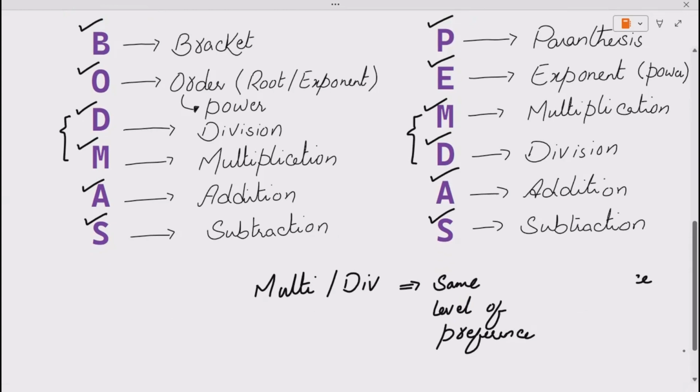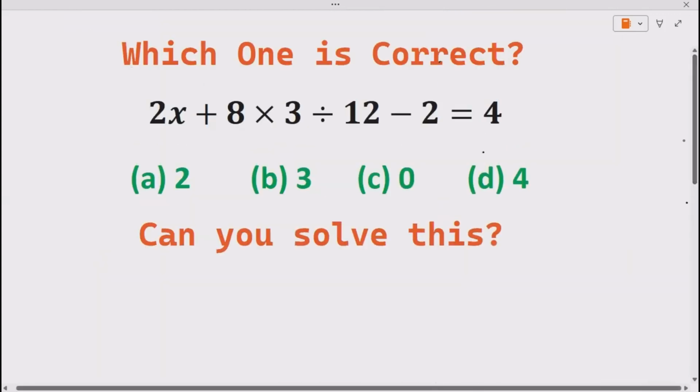In general, with the standardized technique using BODMAS or PEMDAS, we go from left to right. So whatever comes first going left to right, do that. If multiplication comes first, do multiplication. If division comes first, do division. But the main thing is you have to follow the BODMAS rule if there is no tie between multiplication and division. Now, let's see our question and solve it using the BODMAS or PEMDAS rule.